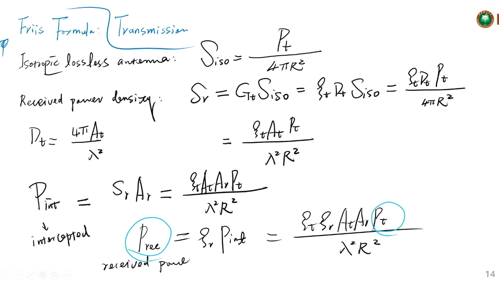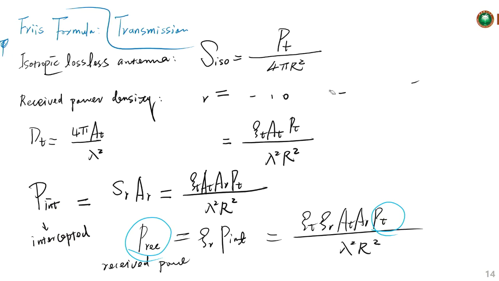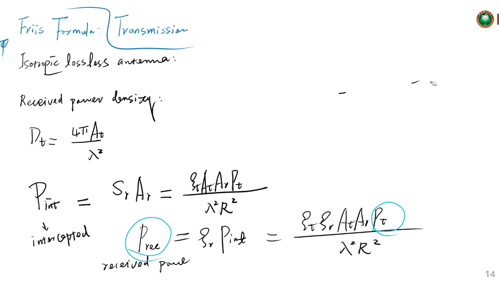So it can be expressed by the formula: the received power divided by the transmitted power can be cosine t, cosine r, At, Ar, lambda square, and R square.